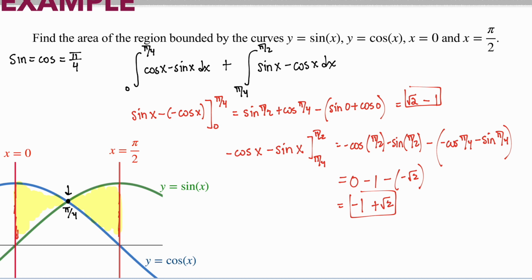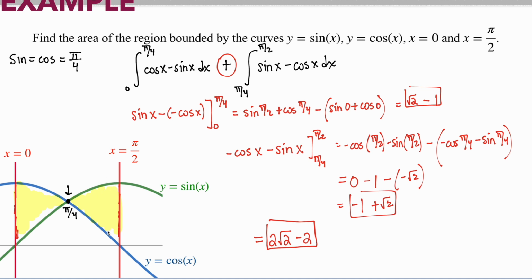So now what you have to do is combine, because of this plus sign, you're now combining these two. So square root of 2 plus square root of 2 is 2 square roots of 2. And negative 1 and negative 1 give me a minus 2. And that should be my actual answer.